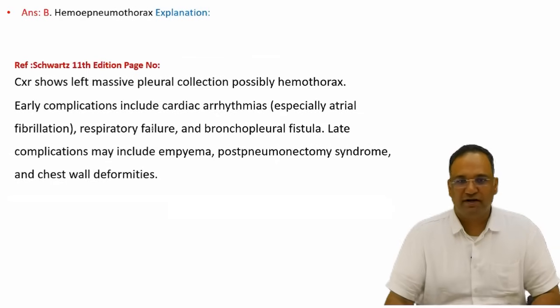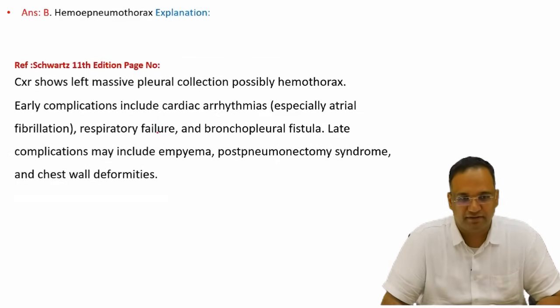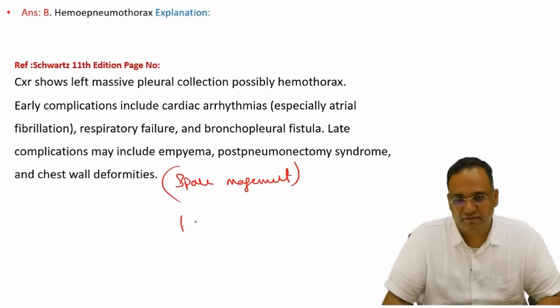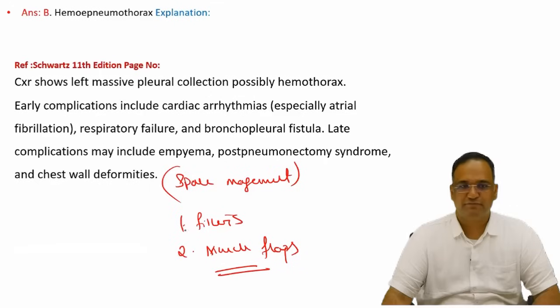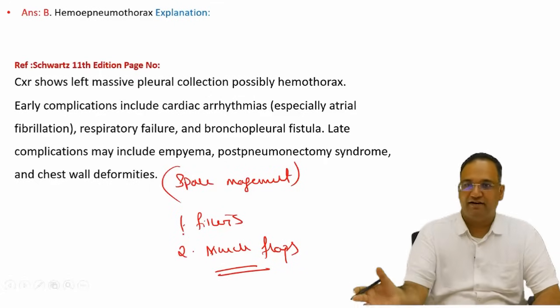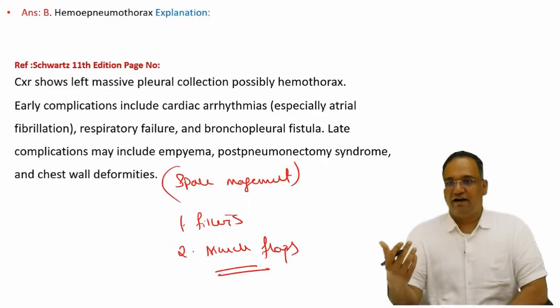Now, after pneumonectomy, there is something called space management. They'll ask you this. How do you space manage? One of the most common techniques is fillers, and the other is muscle flaps. Why do we need fillers and muscle flaps? Because the opposite lung can herniate into the empty space and undergo torsion.